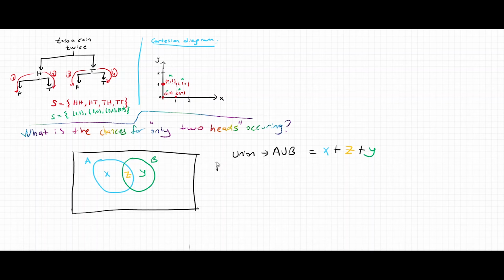A intersection B is equal to only Z, meaning that both cluster A and cluster B own the same element, that is Z.